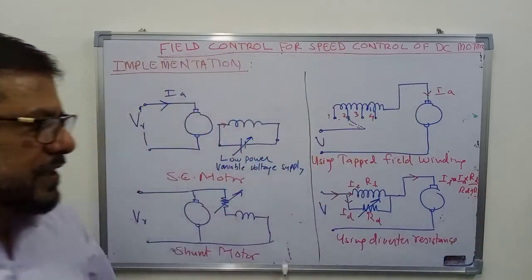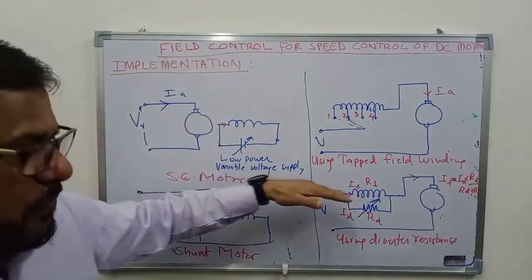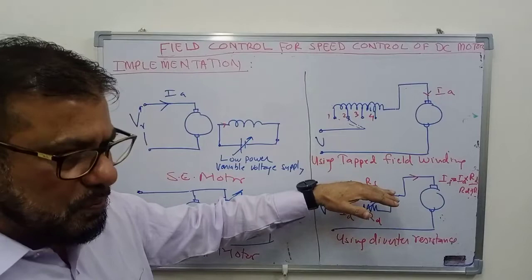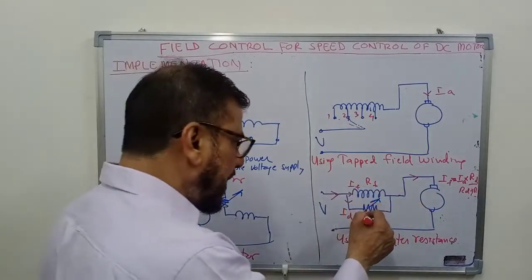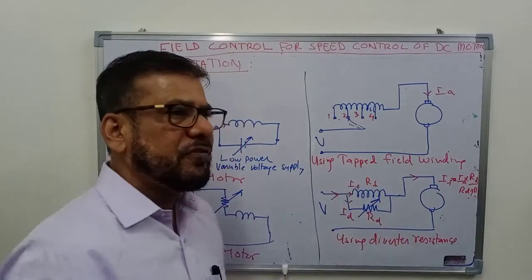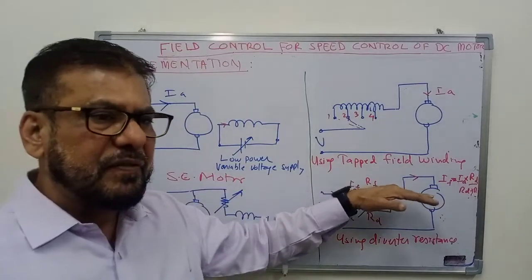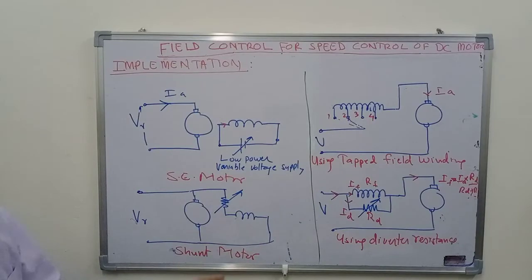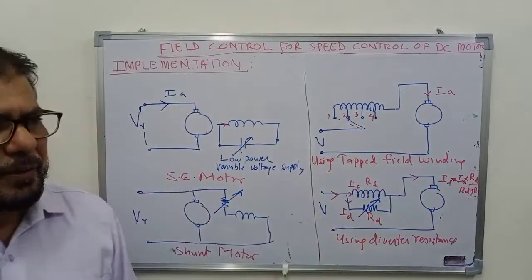So by changing the diverter field resistance, you can change the current flowing through the field winding. Lesser the resistance RD, lesser the current in the field winding. So by reducing RD, you can decrease the current flowing through the field winding. That will change the flux produced by the field winding. So in this way, you can implement the field control method in series motor.